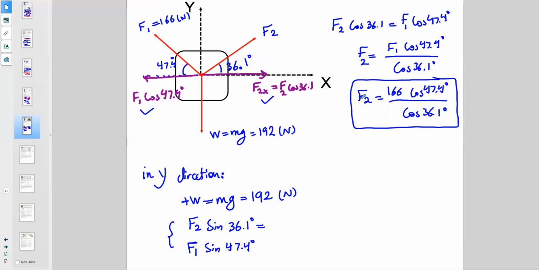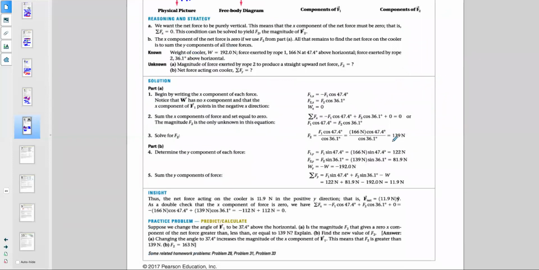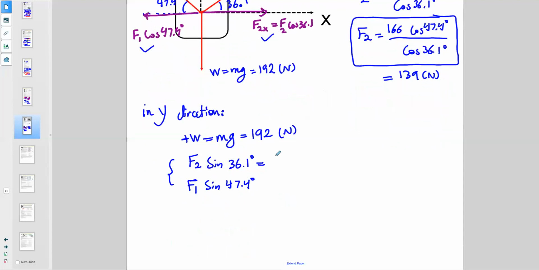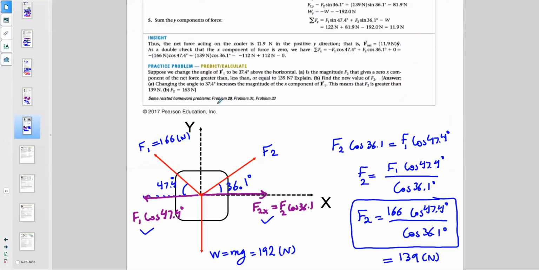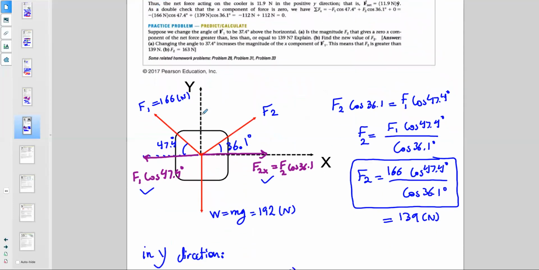We know what F2 is. Let's take a look to see if the problem has it. So we know F2 is 139. Thank God the book has already calculated for us 139 newtons, so I'm just going to use that. So 139 sine of 36.1 degrees, 166 sine of 47.4 degrees. And if you take a look, they are actually right here.